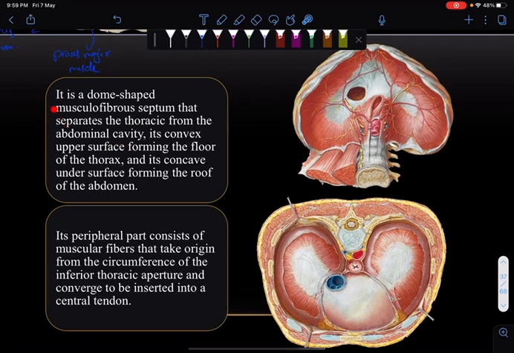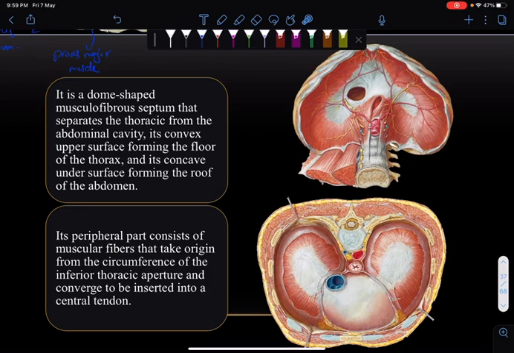Okay, it is a dome-shaped musculofibrous septum that separates the thoracic from the abdominal cavity. Its convex upper surface forms the floor of the thorax.